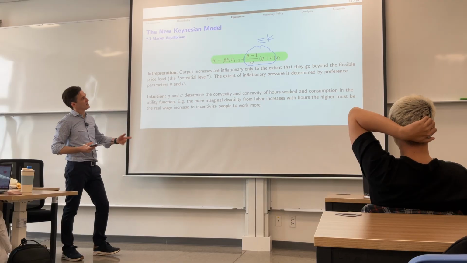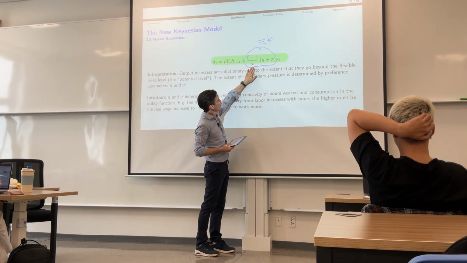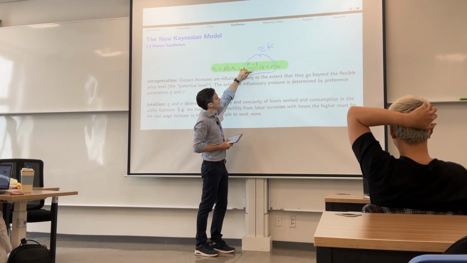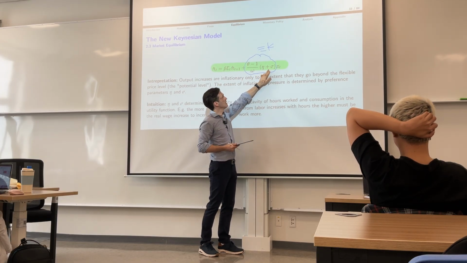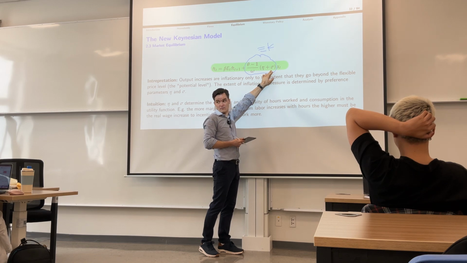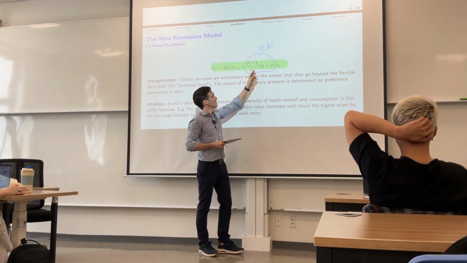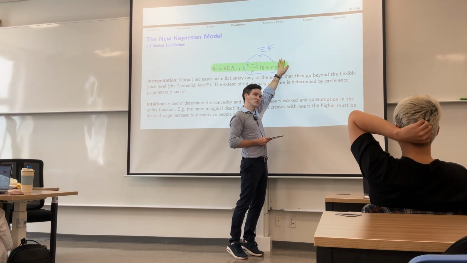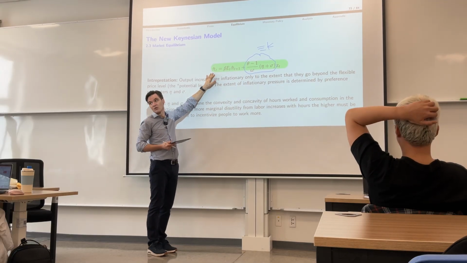It's a parameter that is comprised of four model parameters: the demand elasticity, the degree of price stickiness, the curvature in the utility function for labor, and the curvature of the utility function for consumption. Of course, all these parameters determine the effect for a given change in the output gap. So if the output gap goes up by 1 percentage point, these coefficients determine by how much inflation is going to change.